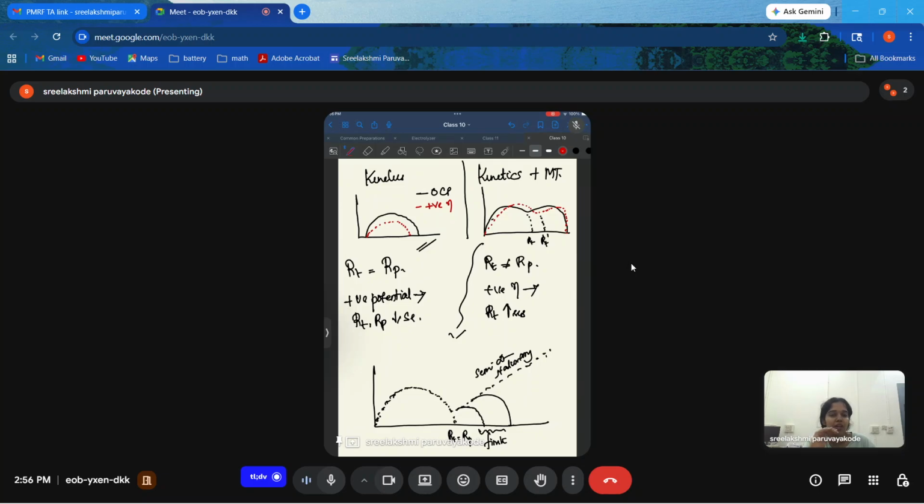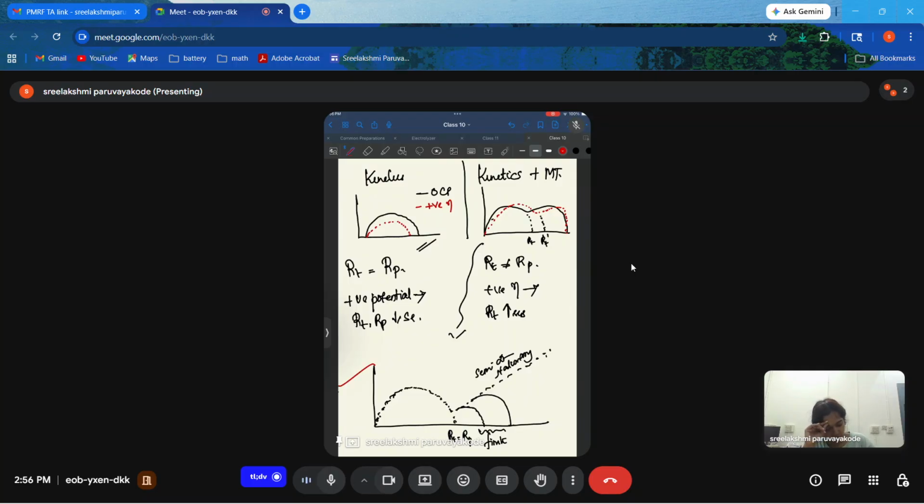But when mass transfer comes into play and you increase the potential, reactants might not be easily available or the products can clog the surface, so the reaction speed reduces. Because of that, when mass transfer comes into play, the charge transfer resistance in the impedance is actually increasing. Then we saw how it changes with rotation.